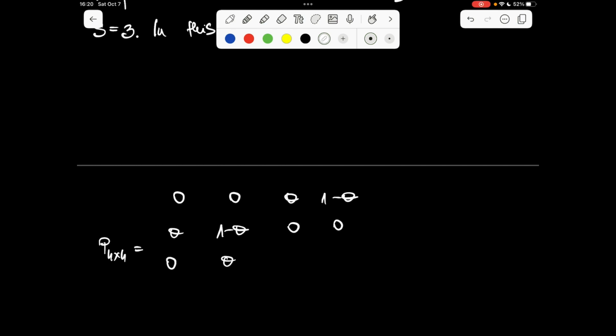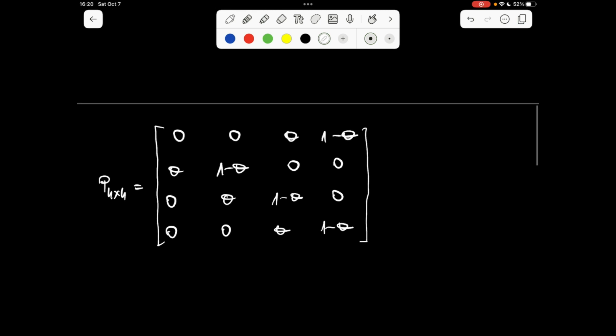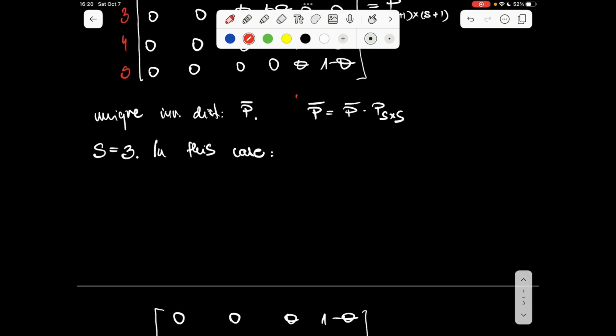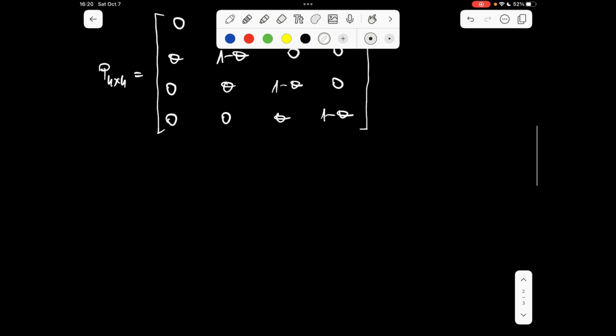I promise it's going to be simpler to work with this matrix. So I am writing the same Markov matrix with lower dimensions, and given that this is true of the unique invariant distribution, we can write the following.